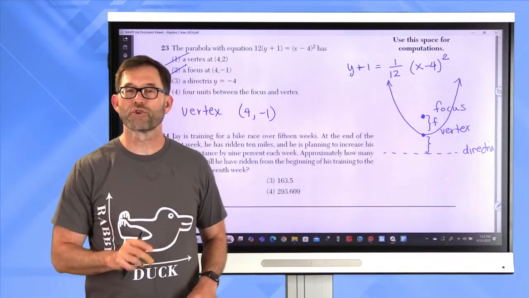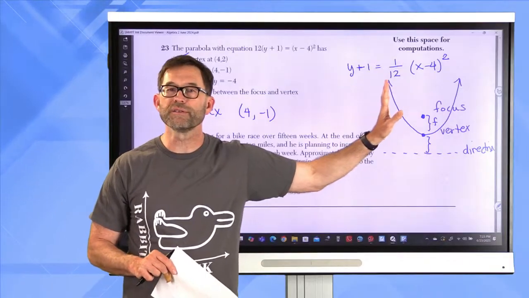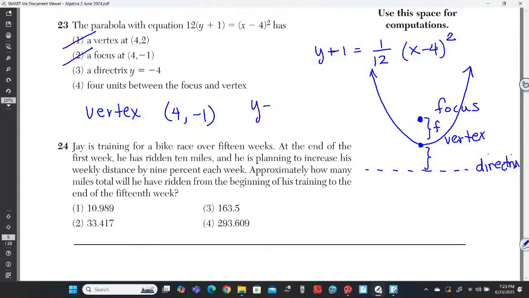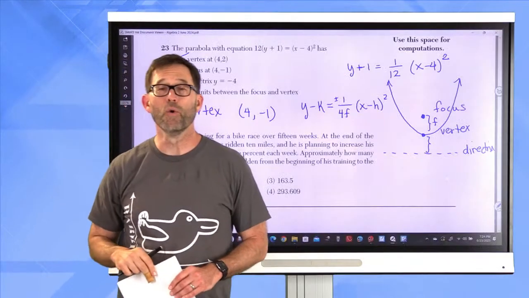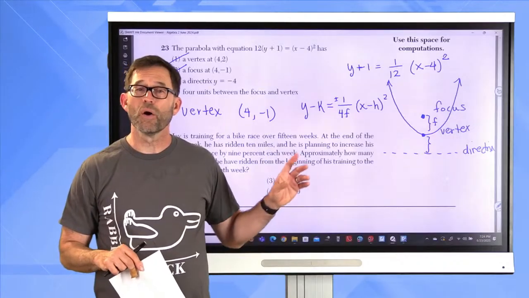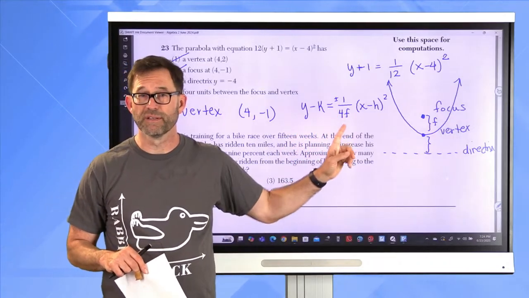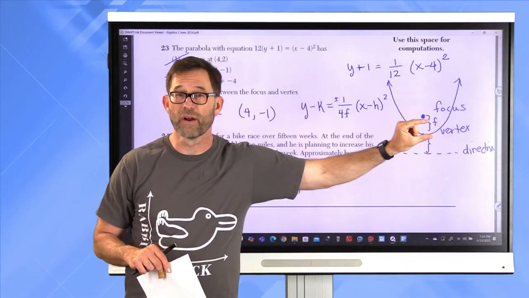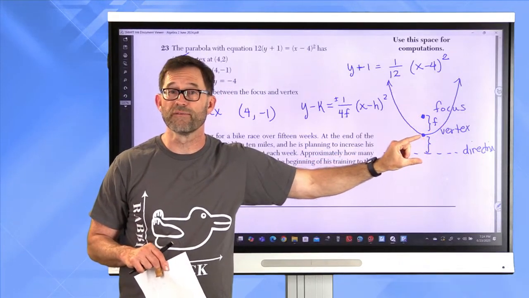And what's always true is that if we're in this kind of form, then we will always have something like this: y minus k is equal to 1 over 4f times (x minus h) squared. And this could be positive or negative depending on how the parabola opens. So the focal distance is the distance between the focus and the vertex.